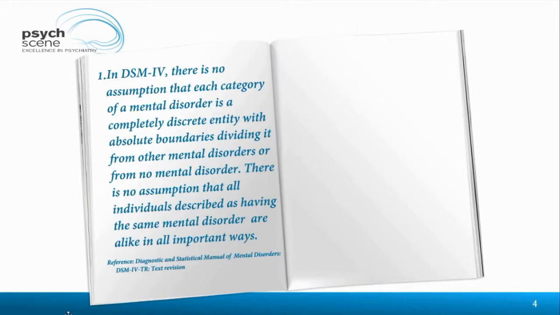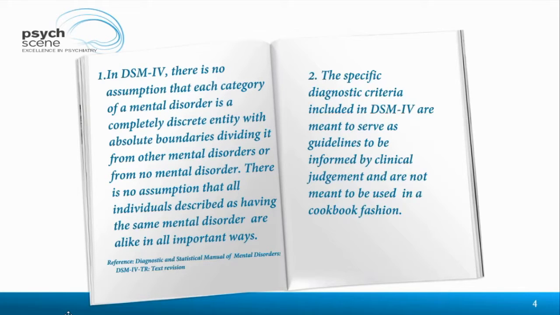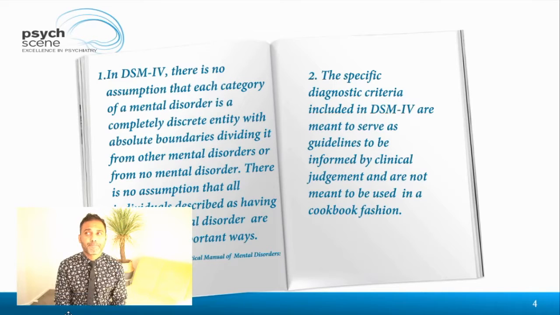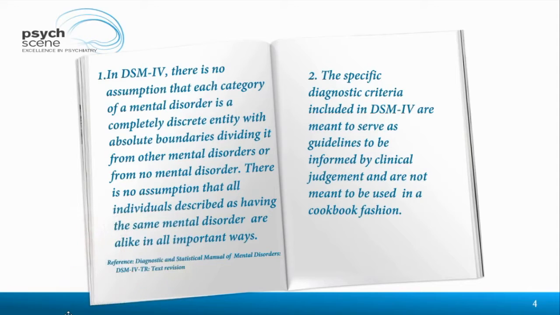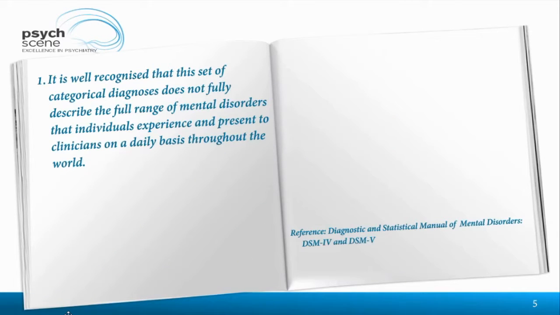There is no assumption that all individuals described as having the same mental disorder are alike in all important ways. The specific diagnostic criteria included in DSM-4 are guidelines to be informed by clinical judgment and are not meant to be used in a cookbook fashion.